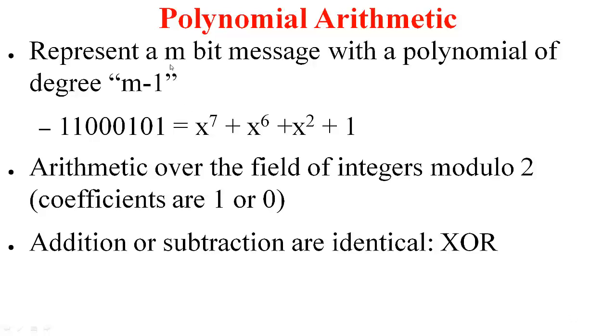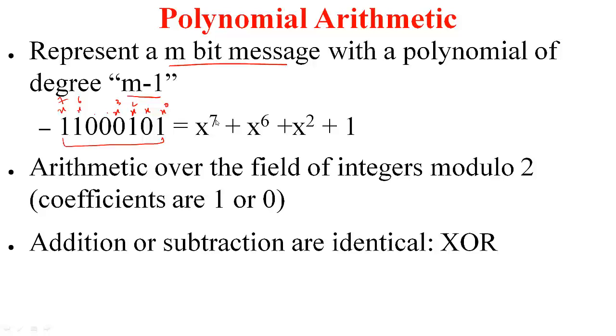In polynomial arithmetic, you represent an m-bit message with a polynomial of degree m-1. So here we have an 8-bit message which I am representing by this polynomial. This corresponds to x to the power of 0, this is x, x squared, x cubed, and so on: x^4, x^5, x^6, x^7.